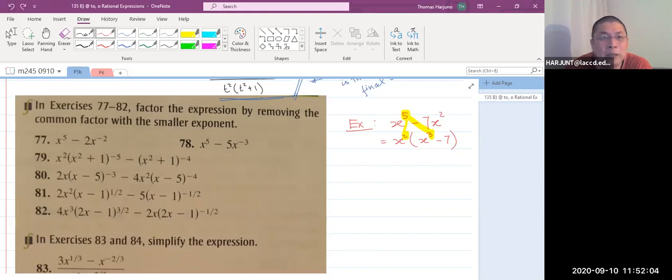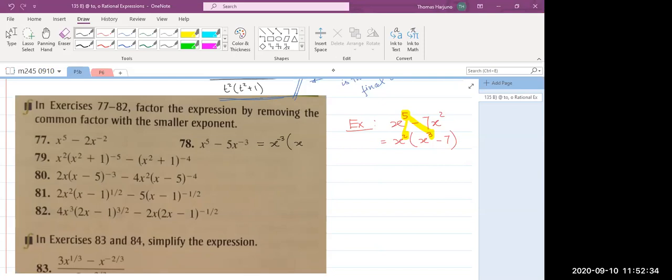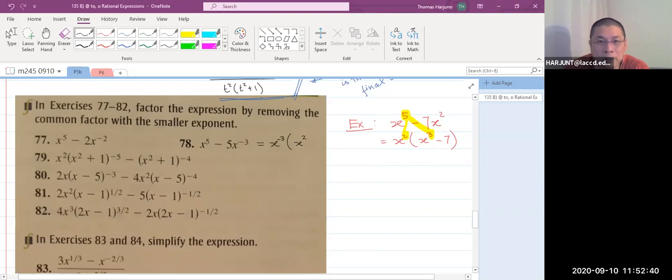Now, using that same idea, how do we do number 78? What is the smallest exponent? -3, right? So I take x to the -3 out. What will happen with the first term? It will be x to what power? Let's try x squared. When you put x squared here, you see what happened to the sum.